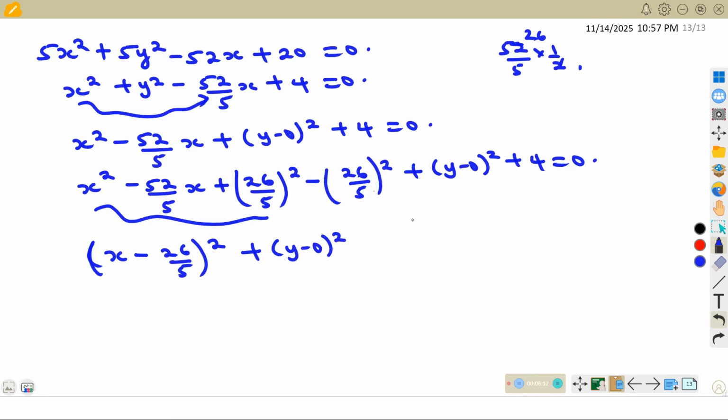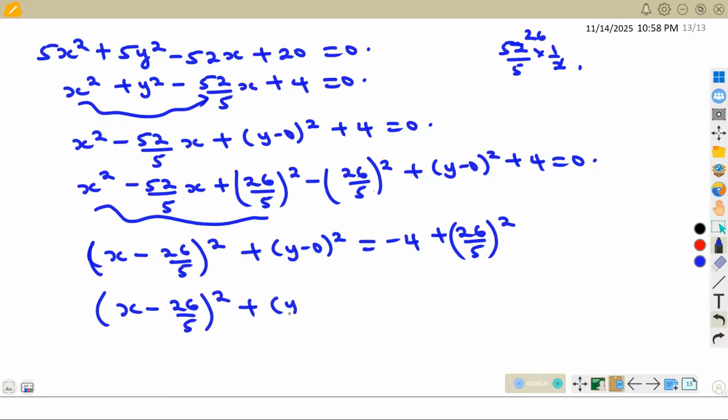So next I will take these ones to the other side. So I will have negative 4 plus 26 over 5 squared. So finally, I will have x minus 26 over 5 squared plus y minus 0 squared, which is equal to 576 over 25.